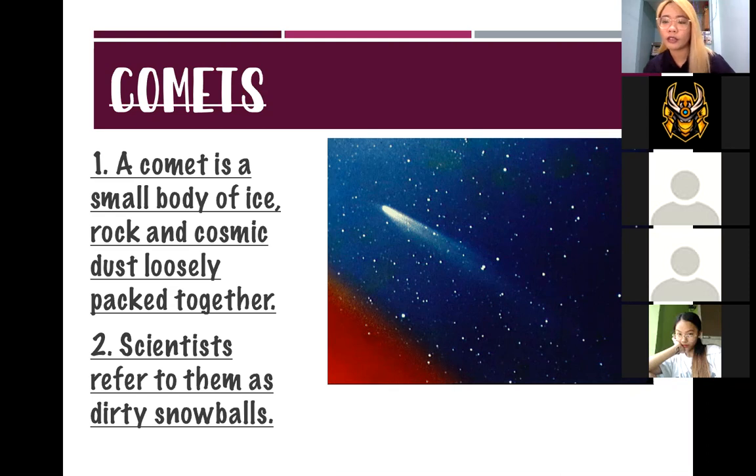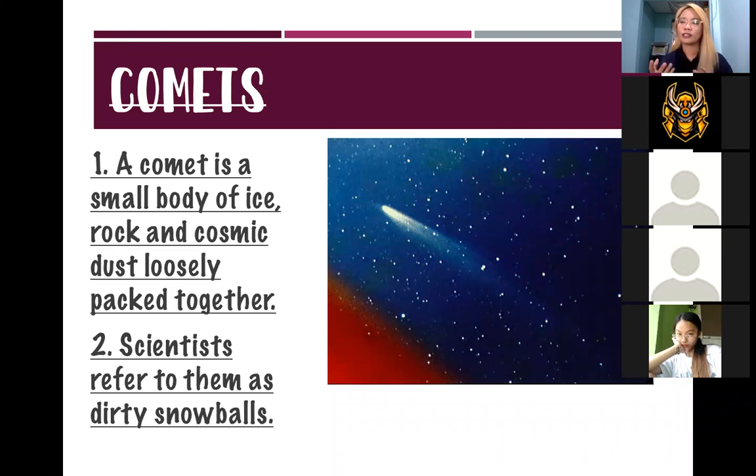Because of the different materials that it is composed of, which are dust, rocks, and ice, scientists call comets dirty snowballs. So para lang talaga siyang, I don't know, in other countries, one of their activities kapag nag-snowfall is usually they create snowballs.